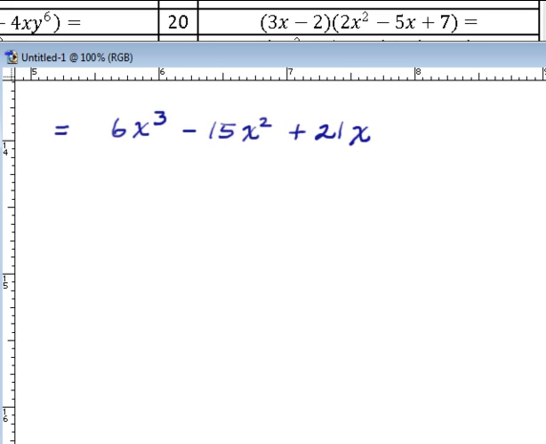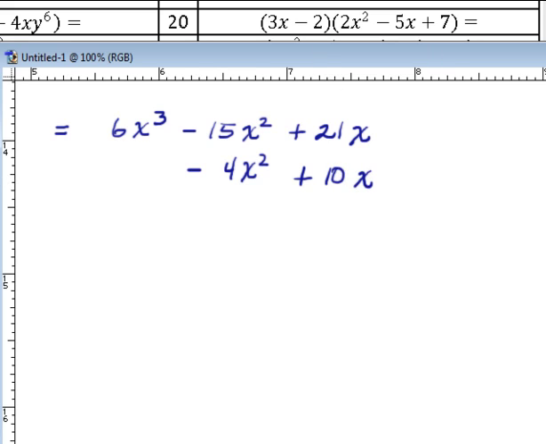And next we're going to multiply by minus 2, so that's minus 4x squared, and we'll line that up underneath the other x squared term. And then we have minus 2 times minus 5, so that's plus 10x, and line that up.